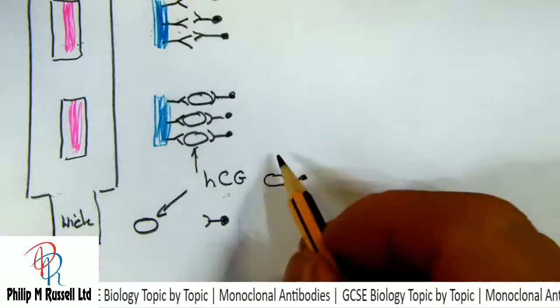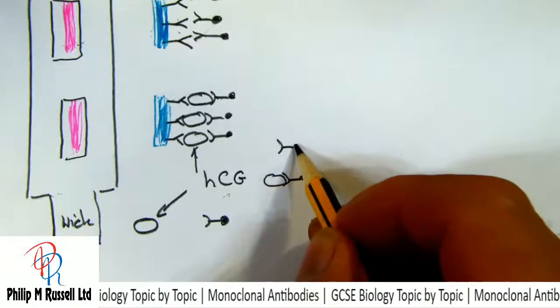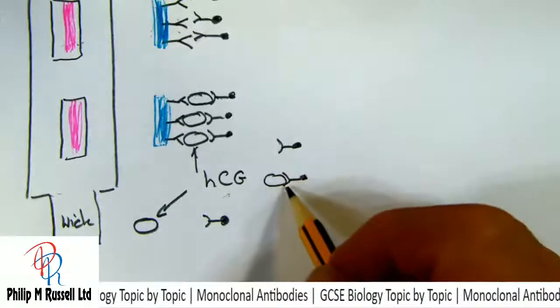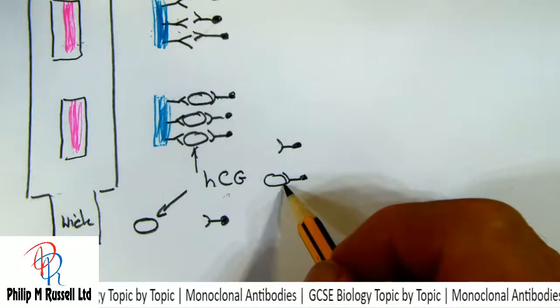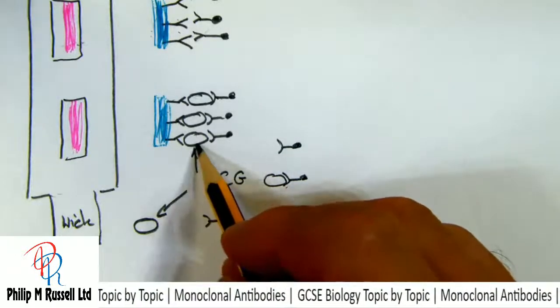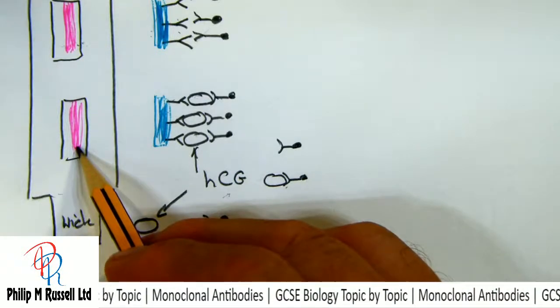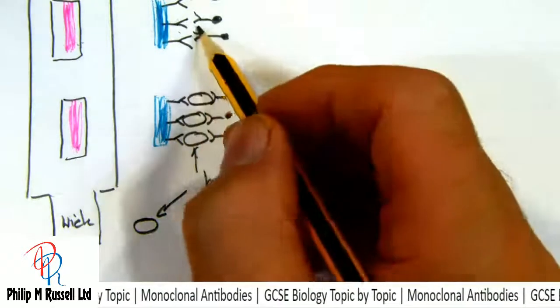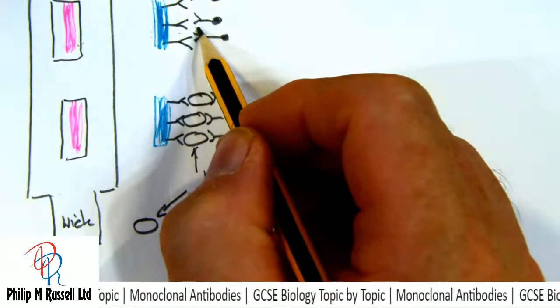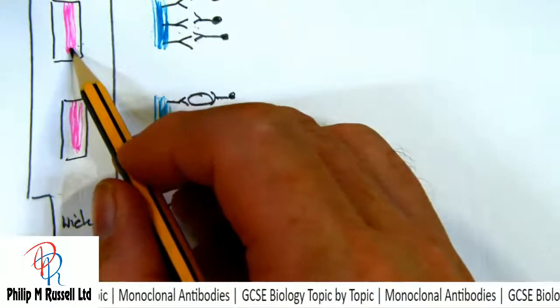Now, some of those molecules will be up here. If this works, then it binds to this and we get a colour. If it isn't, these will bind to those only and they'll get a colour.